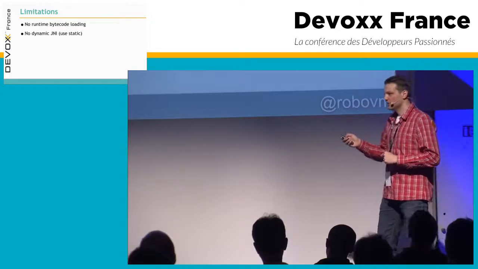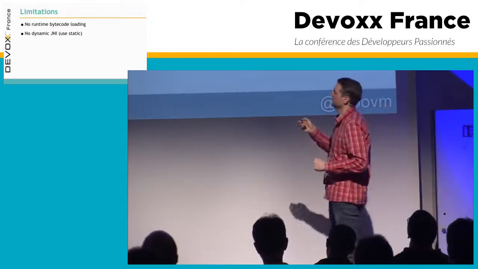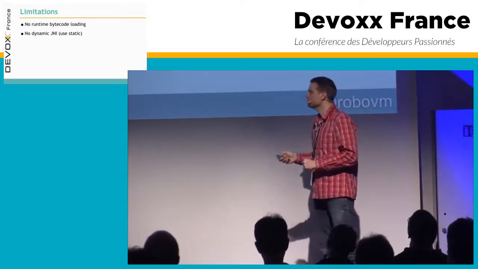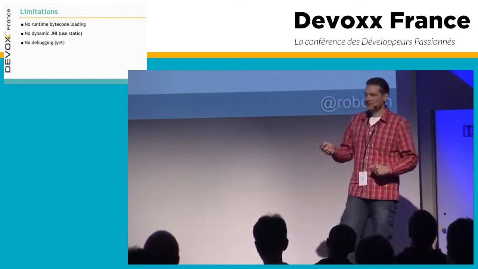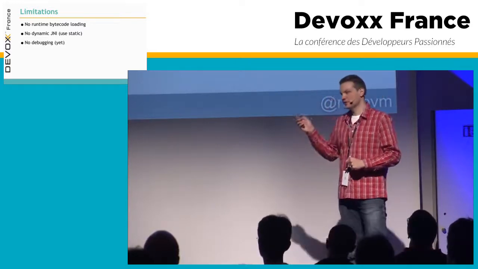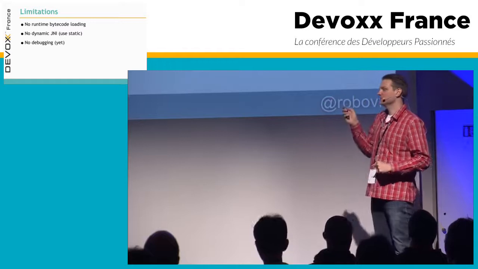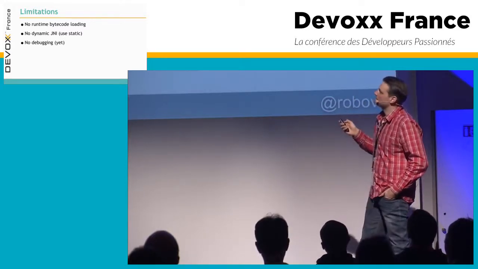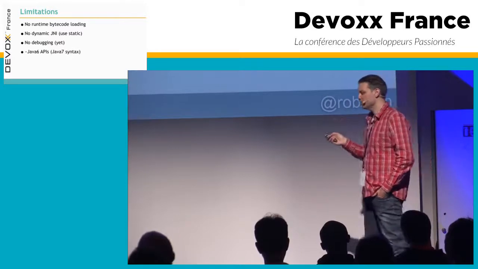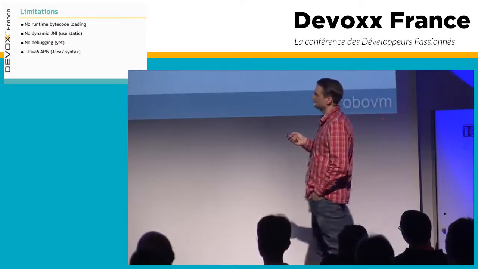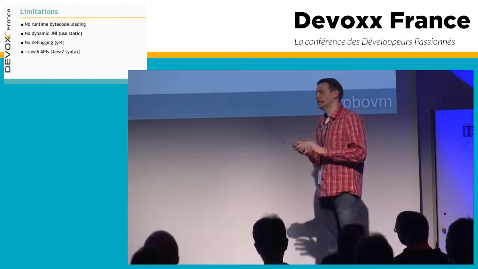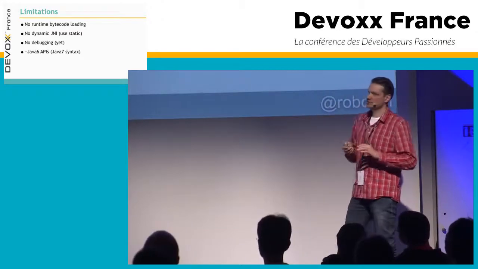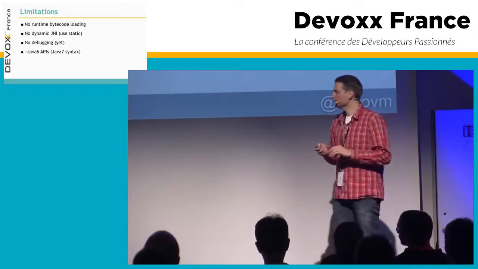As I mentioned before, there's no dynamic JNI, so you have to use static JNI instead. There's no debugger yet. There's going to be a debugger at some time, but not at this time. And since we're using the Android runtime class library, you're roughly limited to the Java 6 APIs.